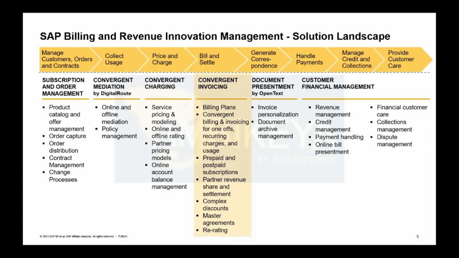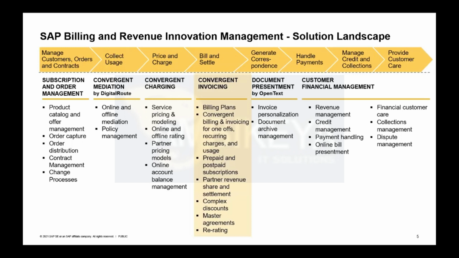The convergent charging is then doing the rating and charging. That means we find out which contract has to pay the amount, and we find out the amount that has to be paid. We can handle different service price models.